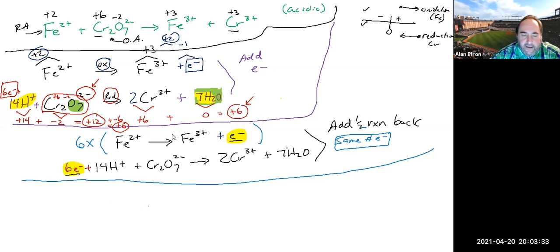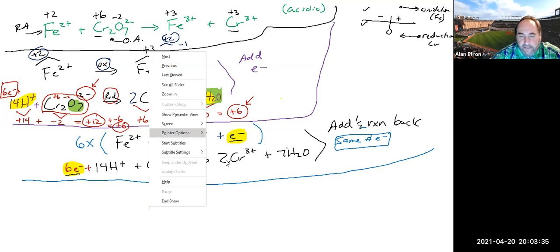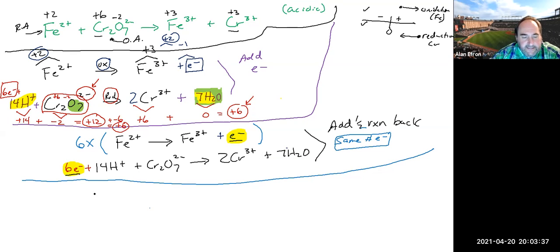If we do that, our top reaction now becomes 6 Fe2+ goes to 6 Fe3+ plus 6 electrons. Bottom reaction, we don't have to do anything to because we already have 6 electrons. So I'm just going to recopy it.